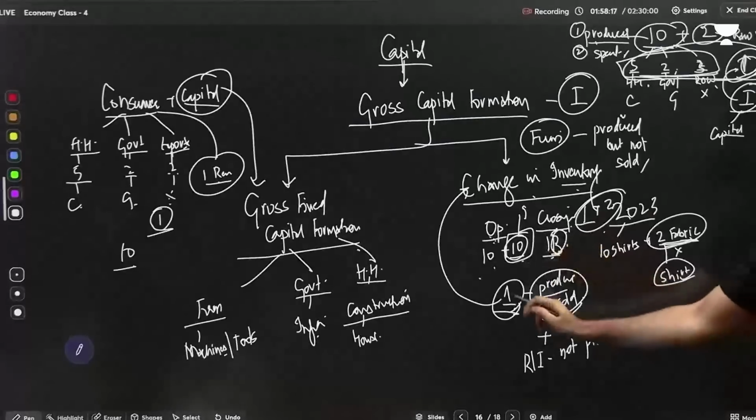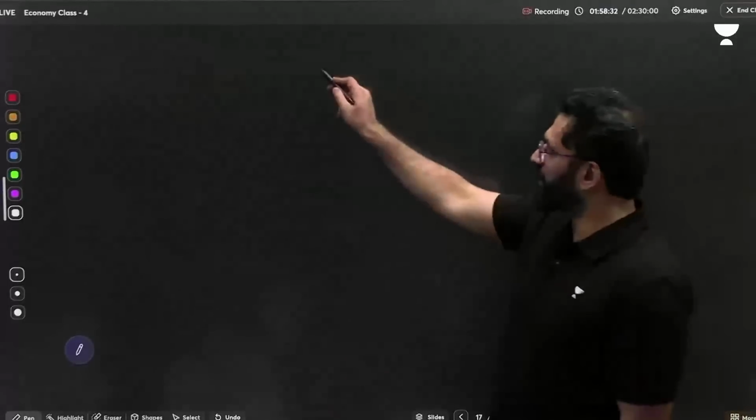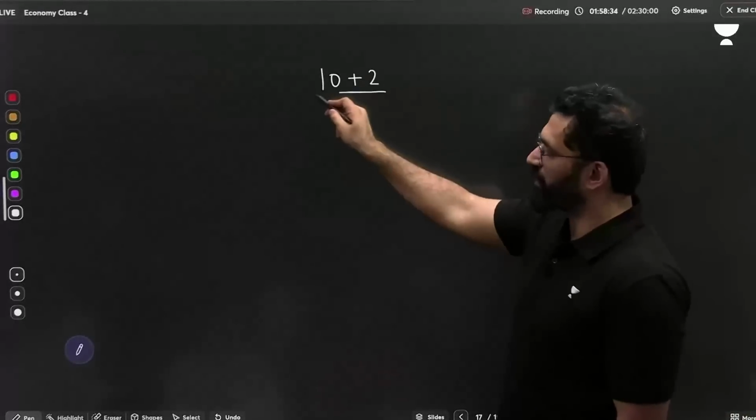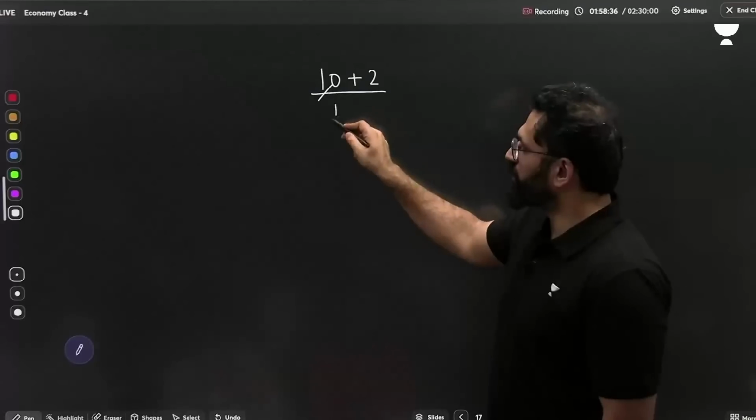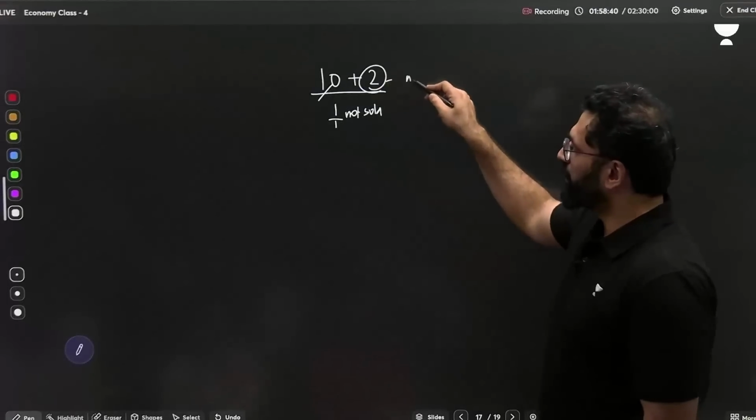So 13 minus 10, it will be 1 produced not sold plus 2 not processed. All expenditures I have to count. Are the all expenditures counted? Is this clear? So whenever 10 goods and 12 were produced, 1 was not sold and 2 were not processed.